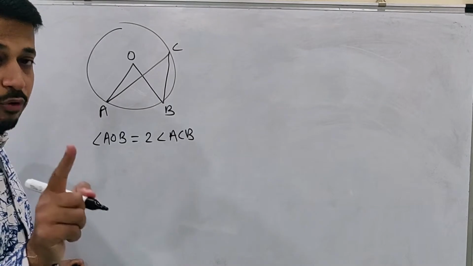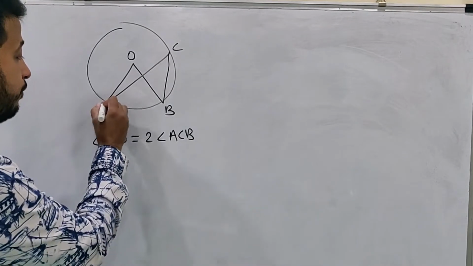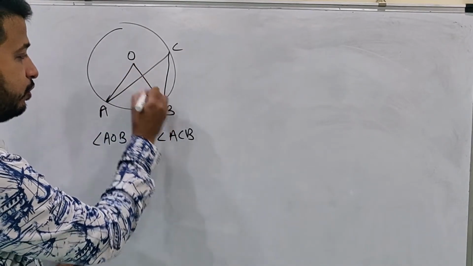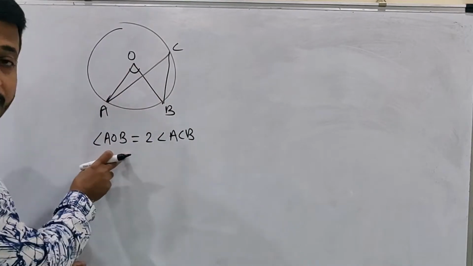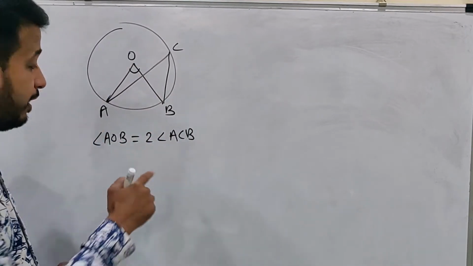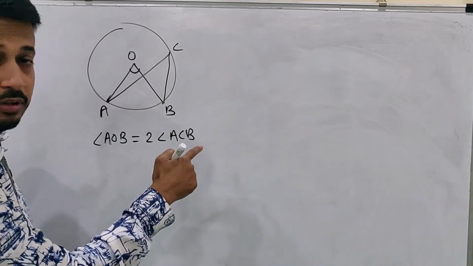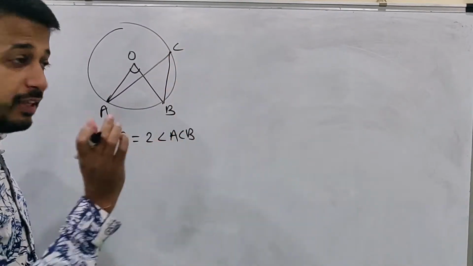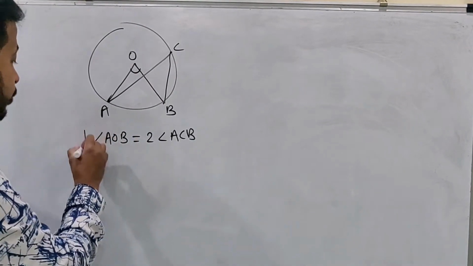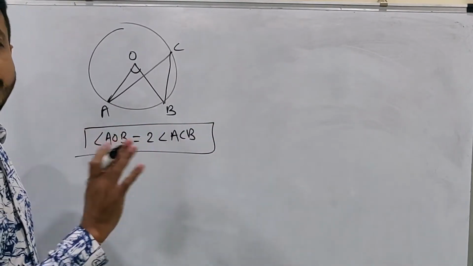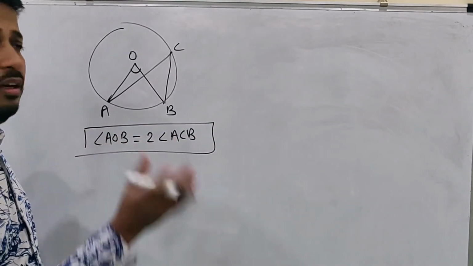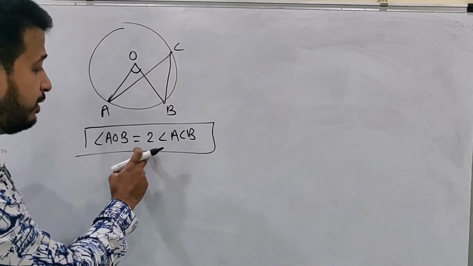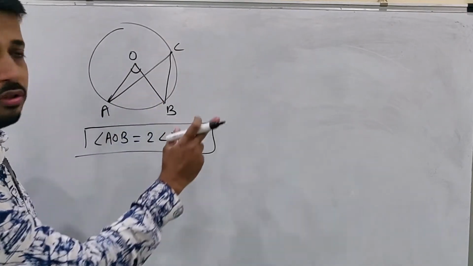Students, see what I am trying to tell you. The angle formed at the center is twice the angle formed anywhere on the circumference. The other angle has to be on the circumference. If this condition meets, then you have this formula, and this is my property: angle at the center is equal to twice the angle formed anywhere on the circumference.